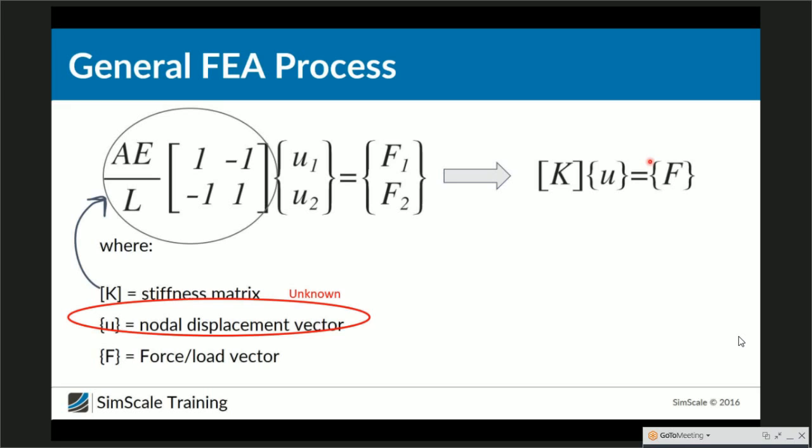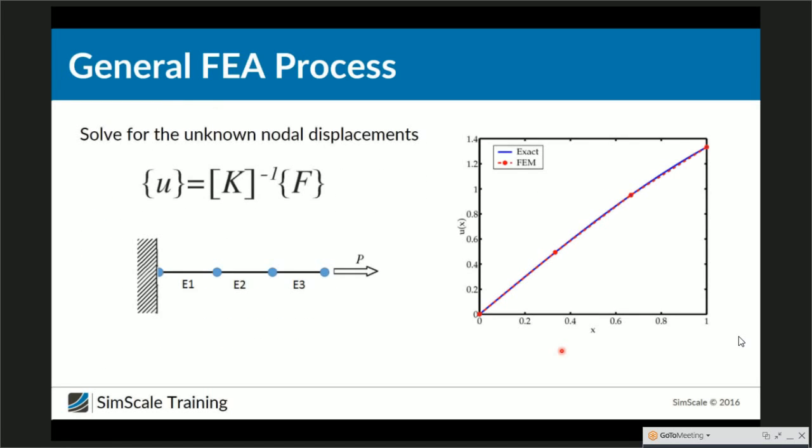If you multiply this A multiplied with E divided by L with K, the stiffness matrix, you will get the equations. And on the right side, we can see a force or load vector. And to summarize this, what we can say is stiffness matrix multiplied with nodal displacement vector will give us a force. And that is what we do at FEA.